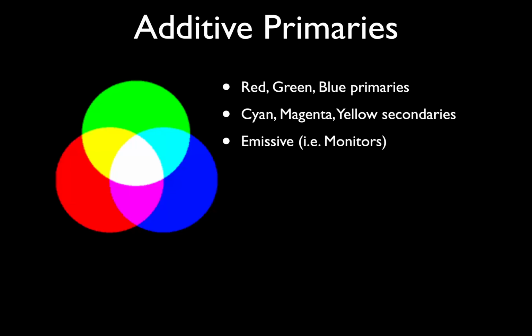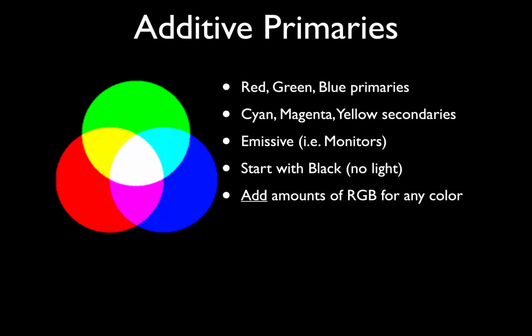It is adding light to ultimately reveal whatever images you see on it. You start with black, and then you add light to it. Depending on the amount of green, the amount of blue, and the amount of red that you add, you can get any single color imaginable. All the colors are made out of combinations of those 3.